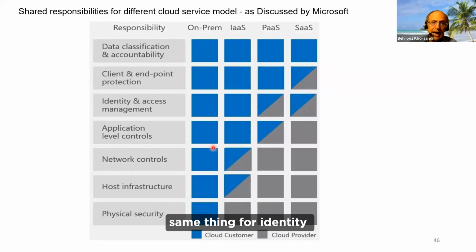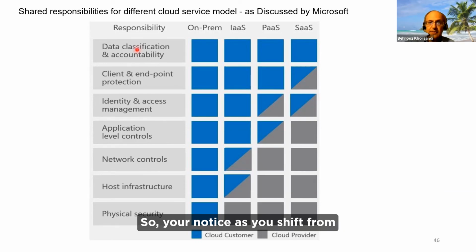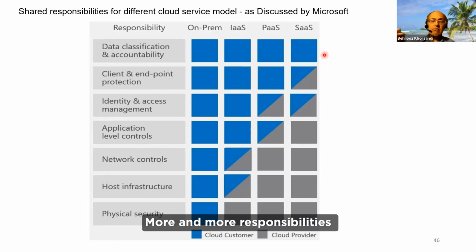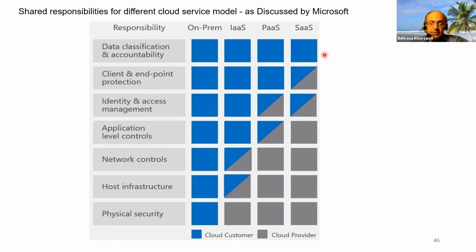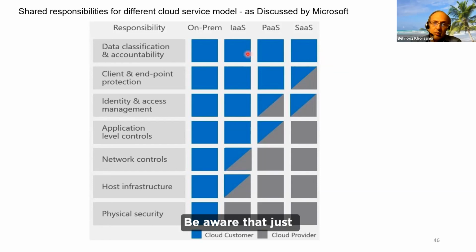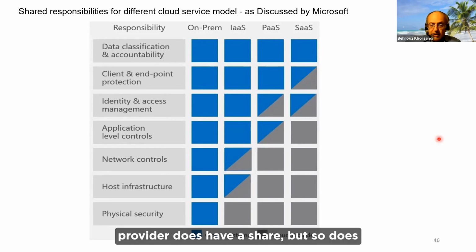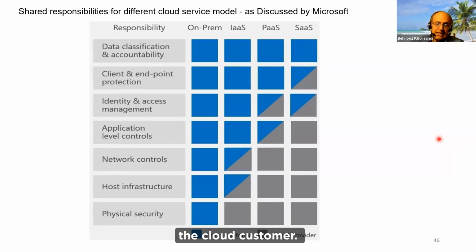Same thing for identity and access management, client and endpoint, and data classification. So you notice as you shift from on-prem to software as a service, more and more responsibilities shift accordingly. So be aware that just because I migrated to the cloud, the cloud provider does have a share, but so does the cloud customer.